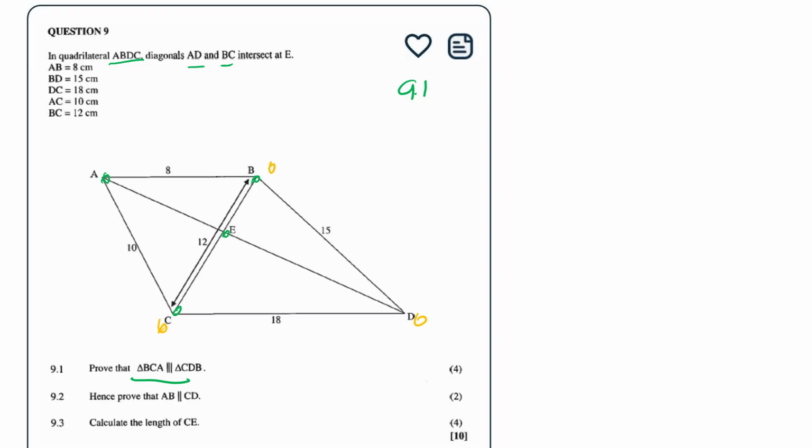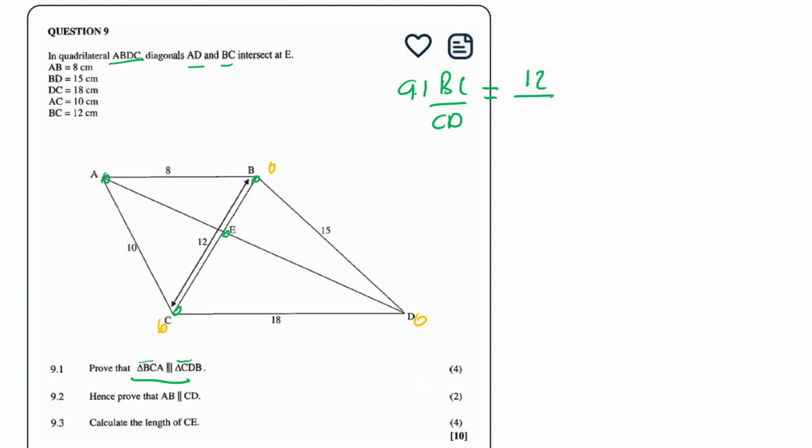So let's prove that. We have BC over CD. We take the first two letters, BC over CD, and BC is 12.